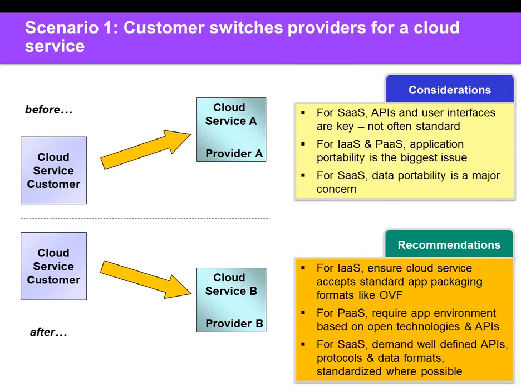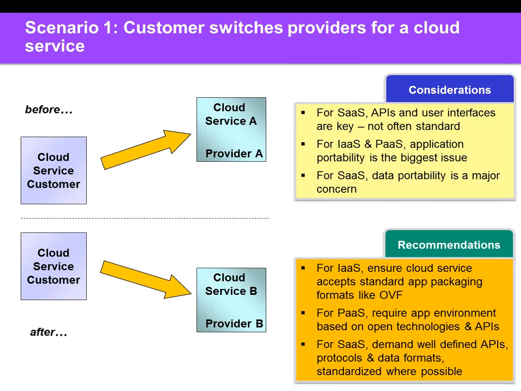The considerations here, highlighted in the box on the right there, probably the biggest concern you have is if you had a SaaS service, if Cloud Service A was a SaaS service. And as John explained before, the big problem in the arena of SaaS is that both the APIs that a SaaS application offers and also any user interfaces it has, these are going to be key, and they're not often standardized.